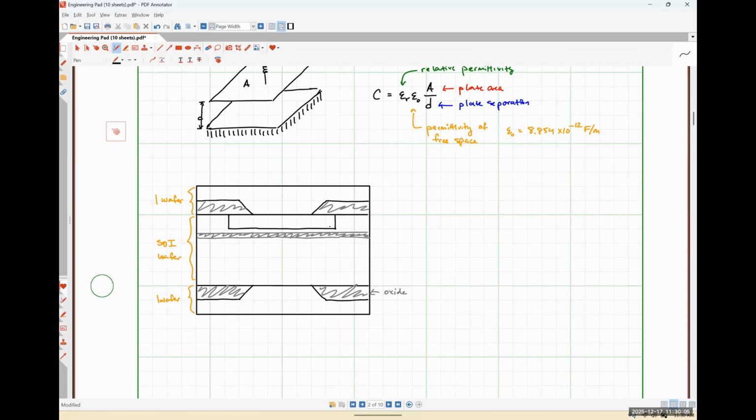Just to make sure people are catching what I'm throwing here, I've got a conductor here, which I'm going to call terminal B. I've got a conductor here, which is going to be terminal A. I need to give this some structure down here as well.